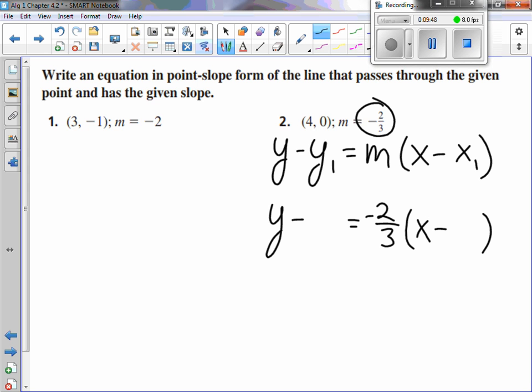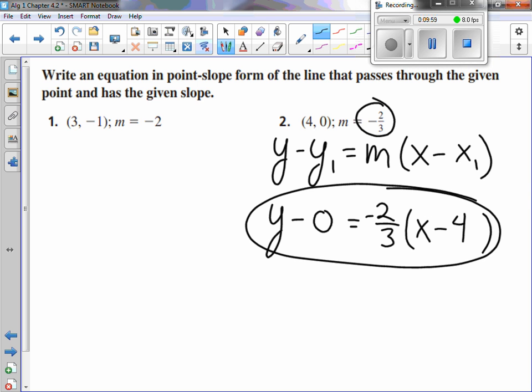And they gave us a point, 4, 0. So the y value would be, and the x value would be? Really, I would simplify that, but that's what they're going to look for. They're wanting a value in both spots. That's it. Questions on this here?